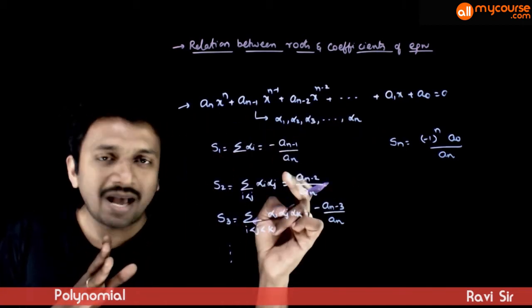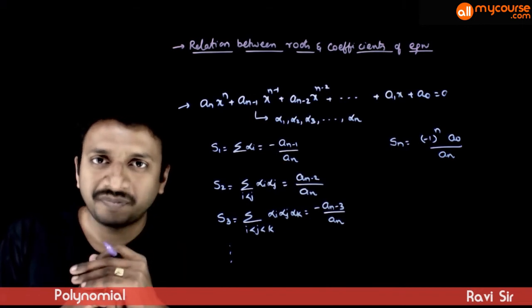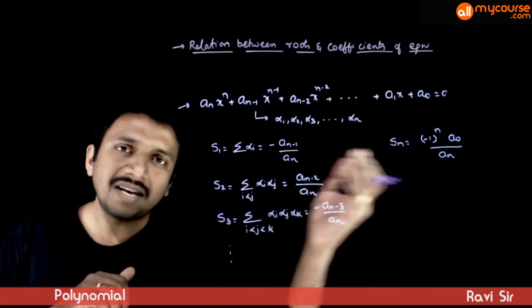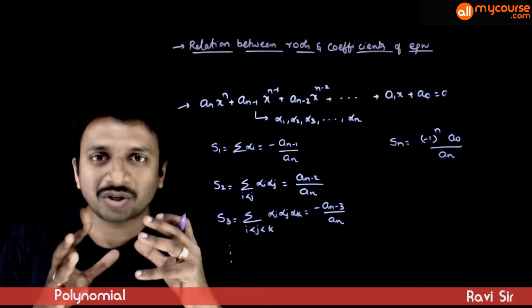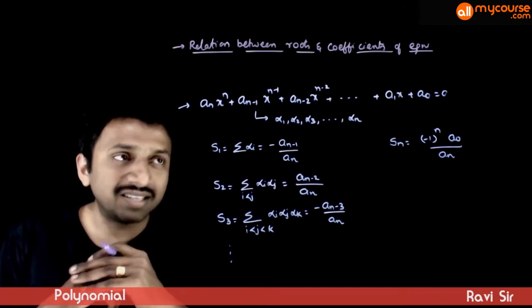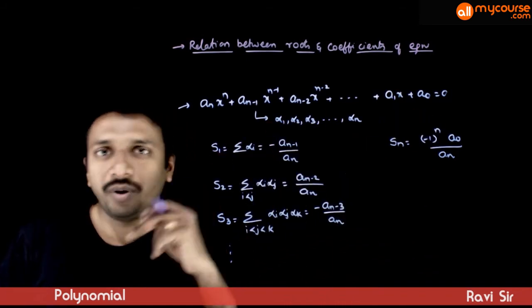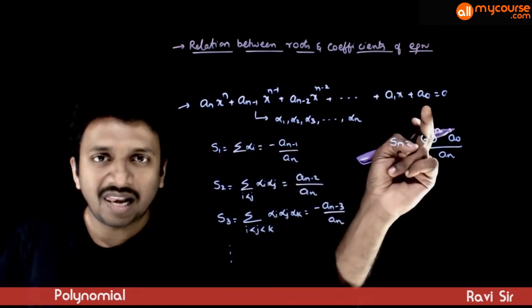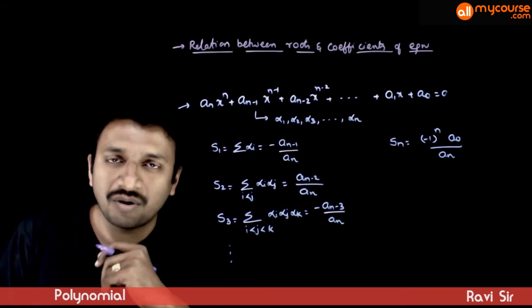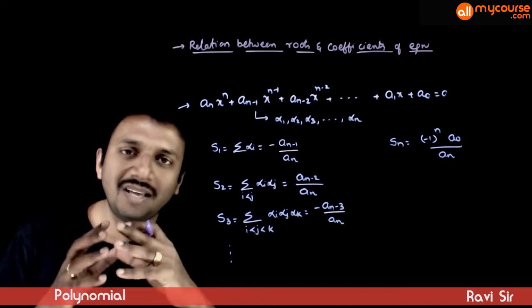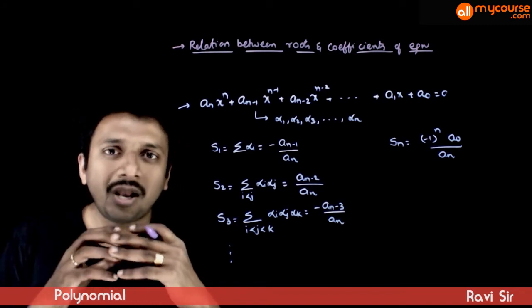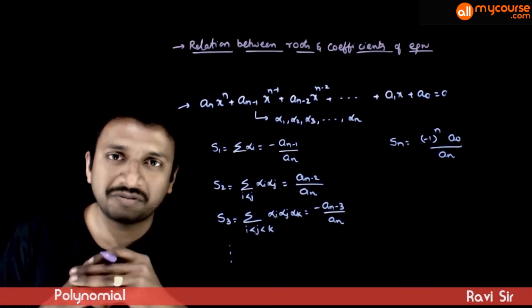This alternate minus plus sign continues. So on, Sn, sum of products of n roots taken at a time, that is nothing but the product of all the roots, is equal to (minus 1)^n times last coefficient by first coefficient. So this is a general rule for all polynomial equations.